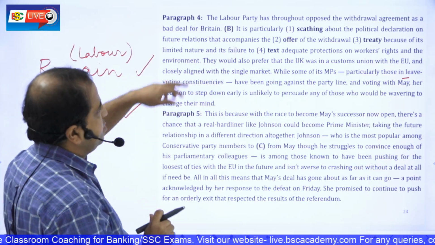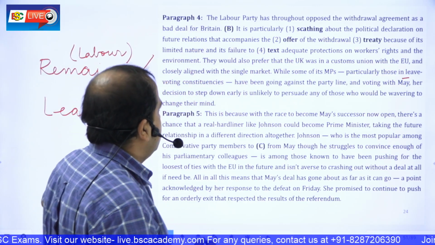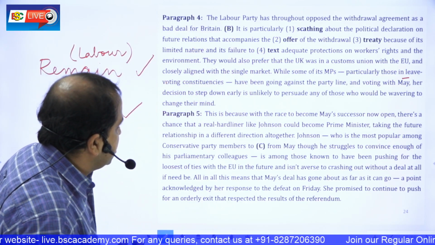Just go through sentence B and see which of 1, 2, 3, 4 we should replace and our work will be done. It's particularly scathing about the political declaration.